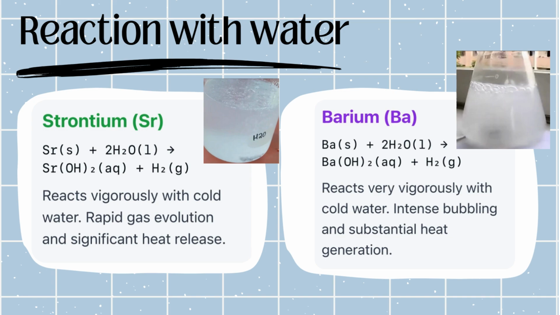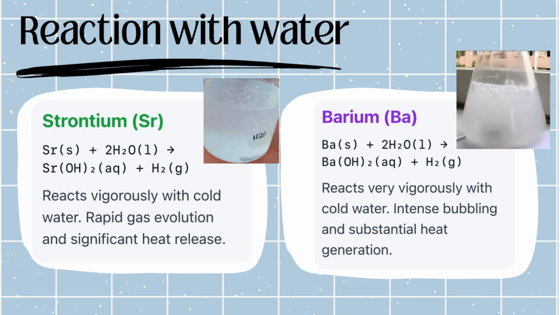And on the right side, there is barium. As we can see in the image, the reaction was even more vigorous than strontium. We see in the image that there are many bubbles and a lot of heat, which shows that barium is more reactive than strontium.